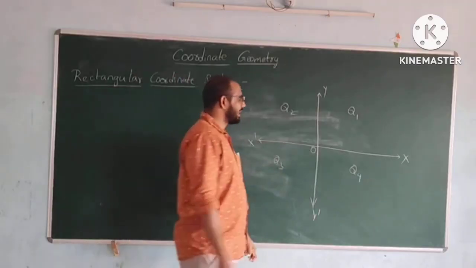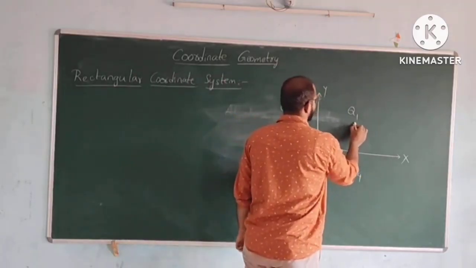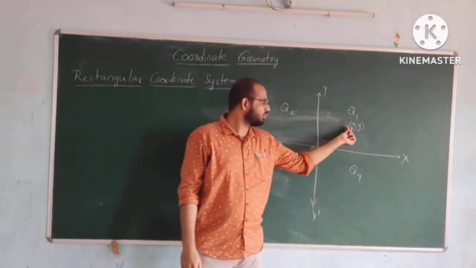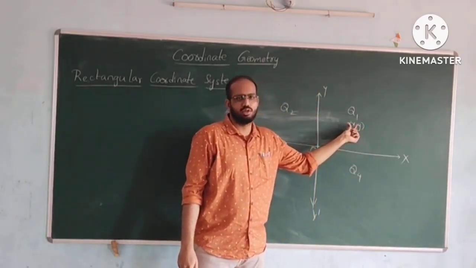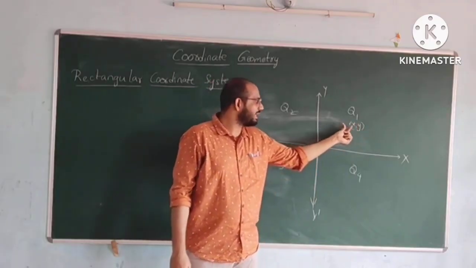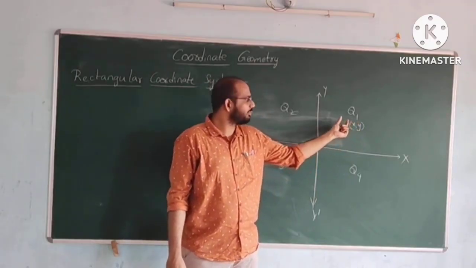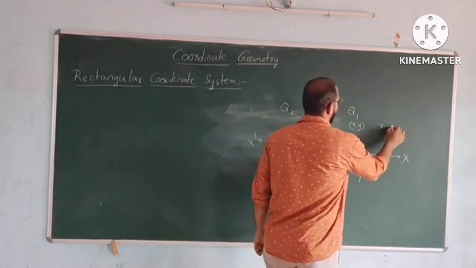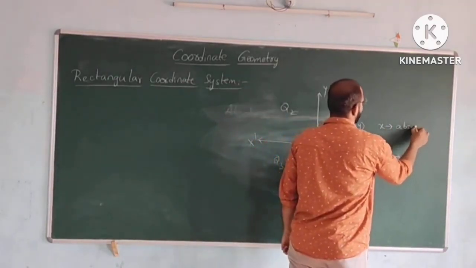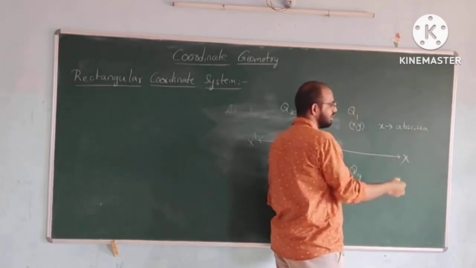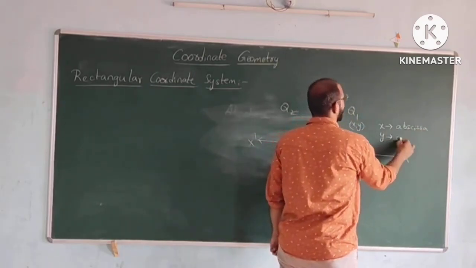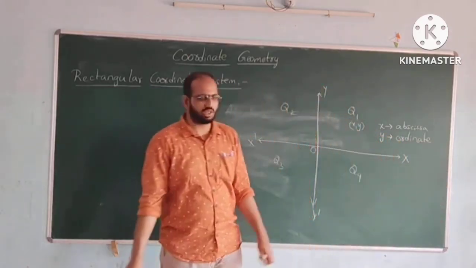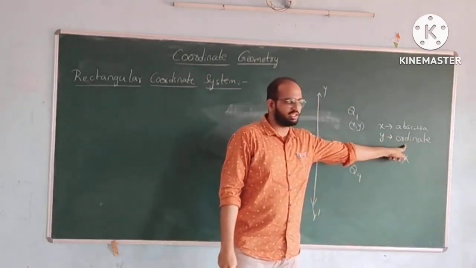Now, if you want to locate any point, this point is represented by two coordinates. Every point has two different coordinates. The first coordinate is called the abscissa, or the x-coordinate, and the second one is called the ordinate, or the y-coordinate.